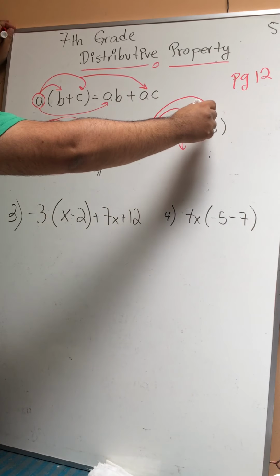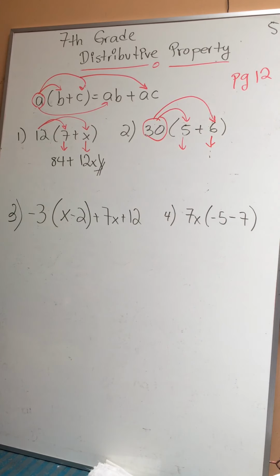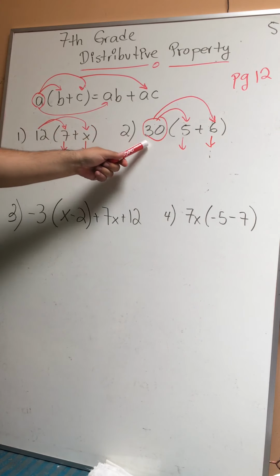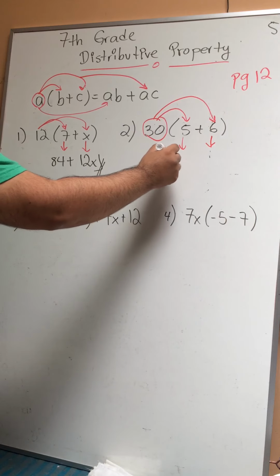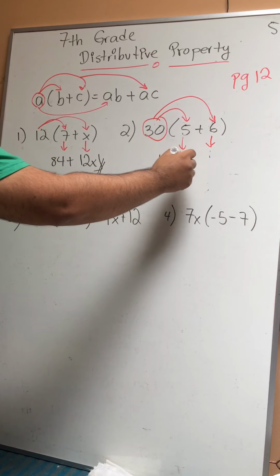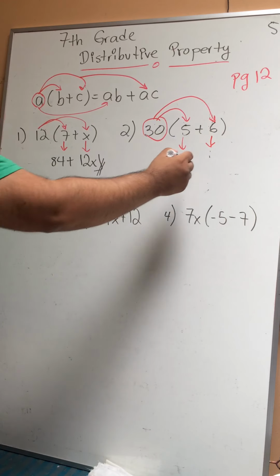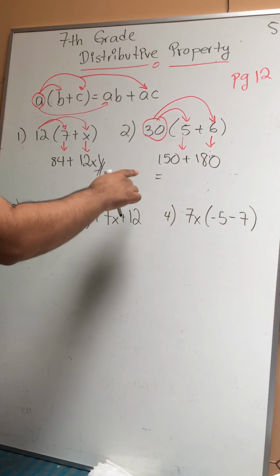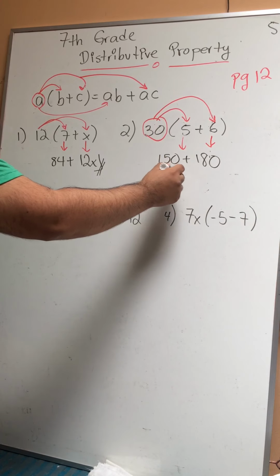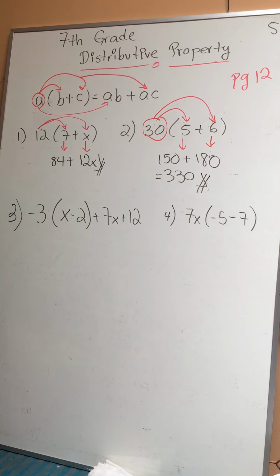So 30 times 5 is 150, plus 30 times 6 is 180. The addition is 330, and we have our answer.